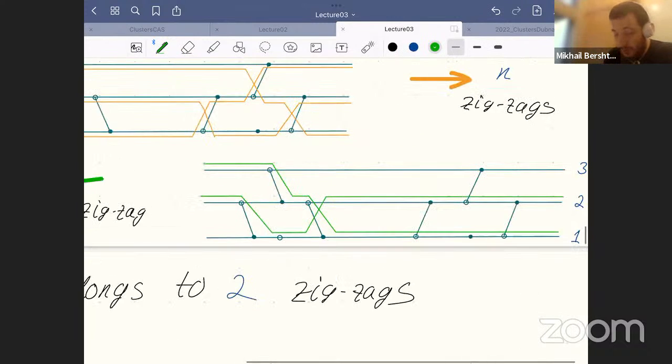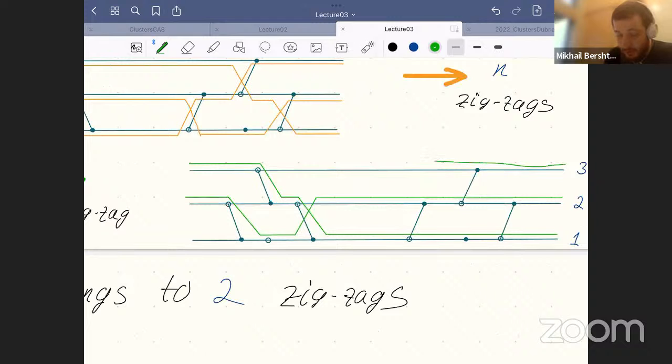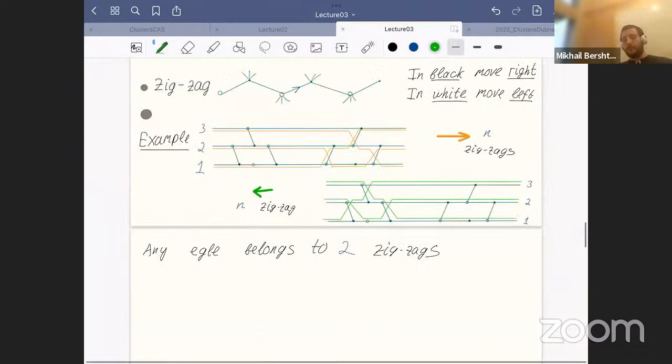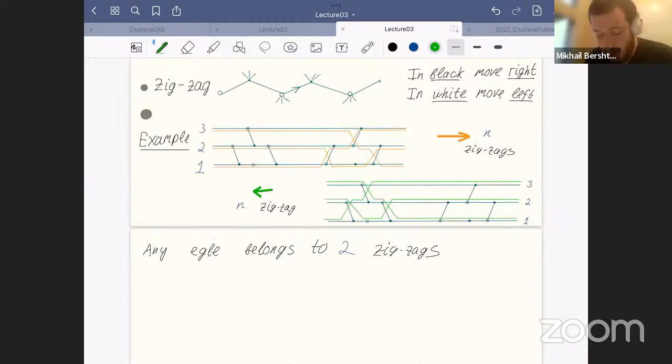And the last one starts here, the 6. Like this.